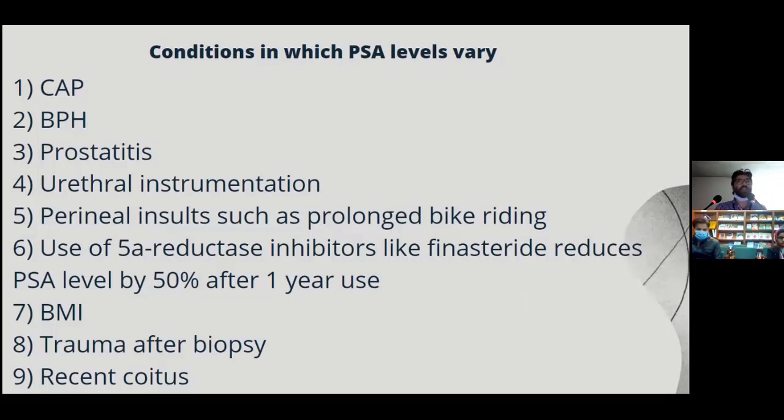So if patients who are taking such drugs come to you with a PSA level of 50, you can predict that it should actually be 100 because of the drug effect. BMI: patients who are heavy or obese usually have lower levels of PSA, maybe because of hemodilution. Also trauma after biopsy, and recent coitus.